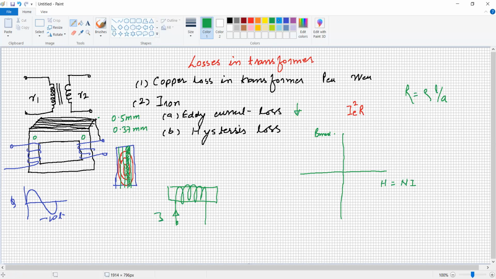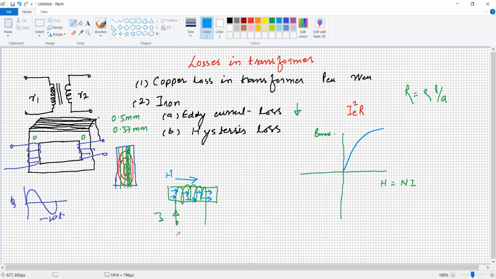Under such condition, the magnetic flux increases, and once the material becomes saturated, all the dipoles are aligned in one direction, in the direction of MMF, in the direction of field strength.